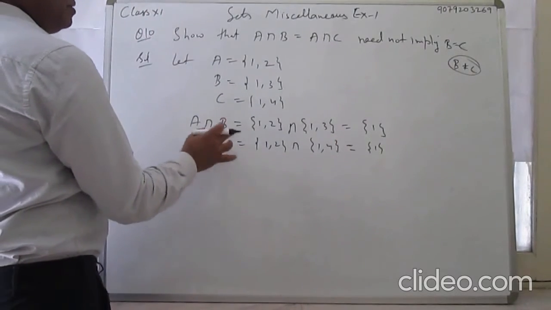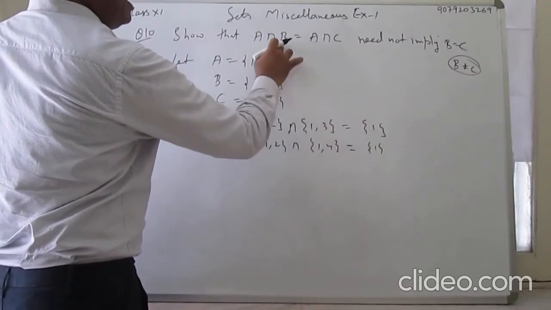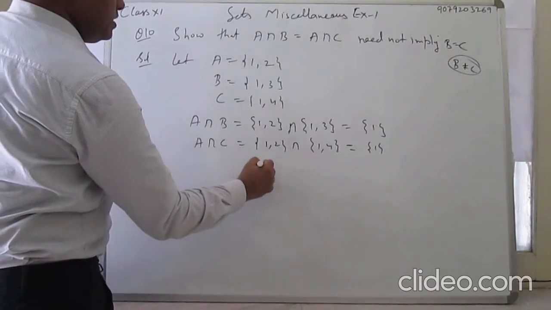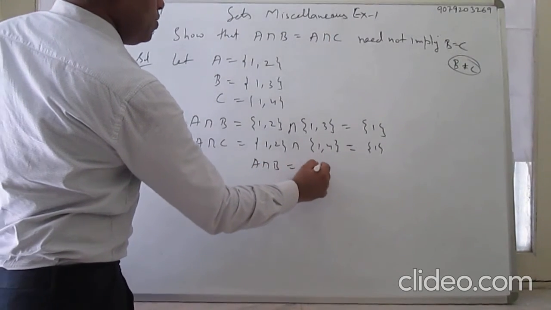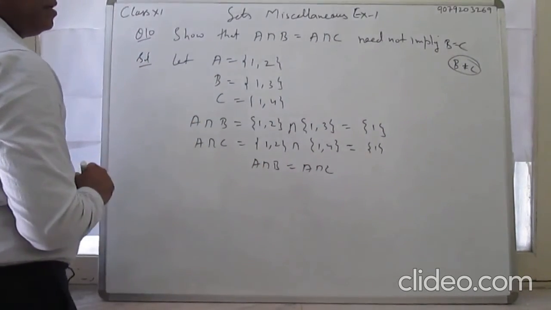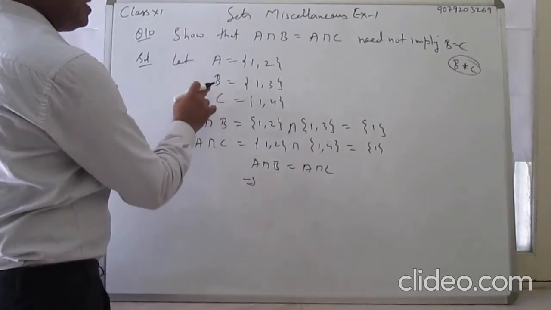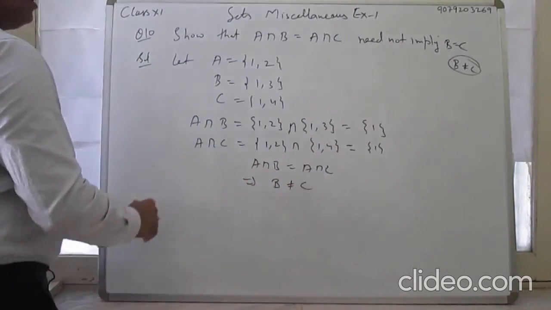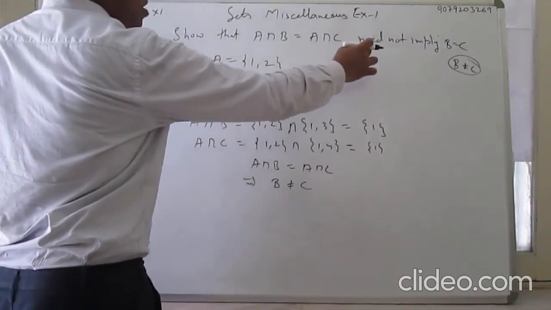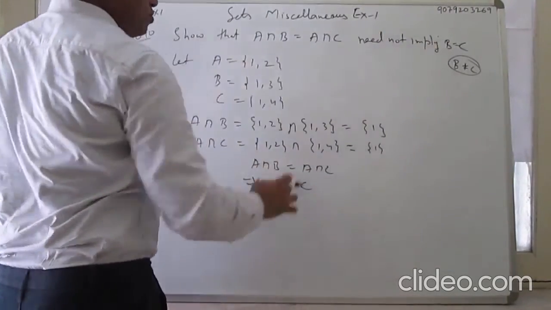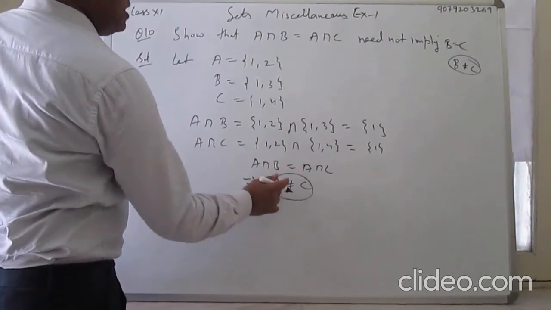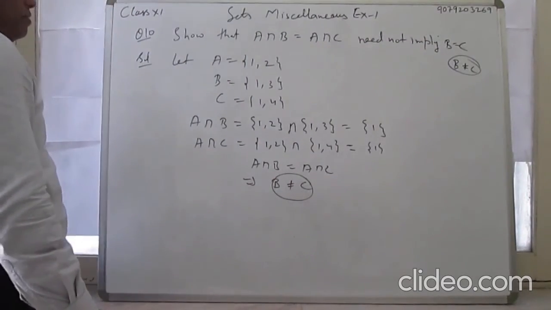So A intersection B is equal to A intersection C. Now here you can say that B and C are not equal. So it is not necessary that B is equal to C, for this to be equal. If B is not equal to C, then also it is equal.